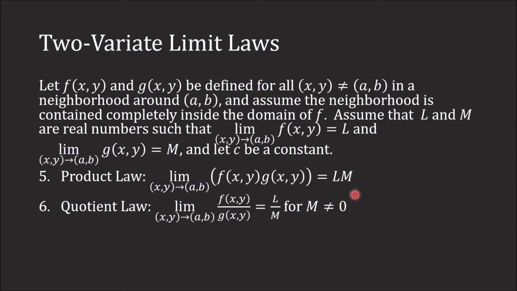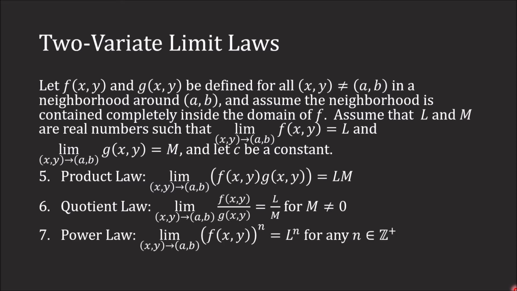The quotient law: the limit of f over g is L over M as long as M is not equal to 0. So the limit of a quotient is the quotient of the limits as long as the denominator is not 0. Then we have the power law. The limit of the power of a function is the power of the limit, and this is true for any positive integer n.